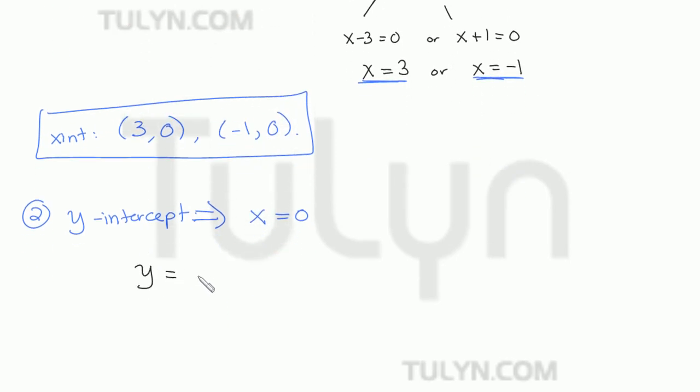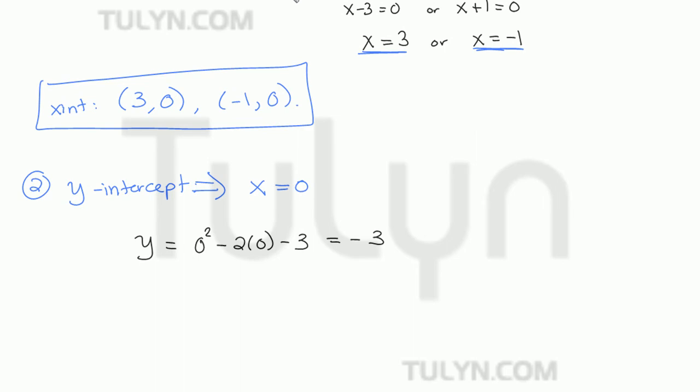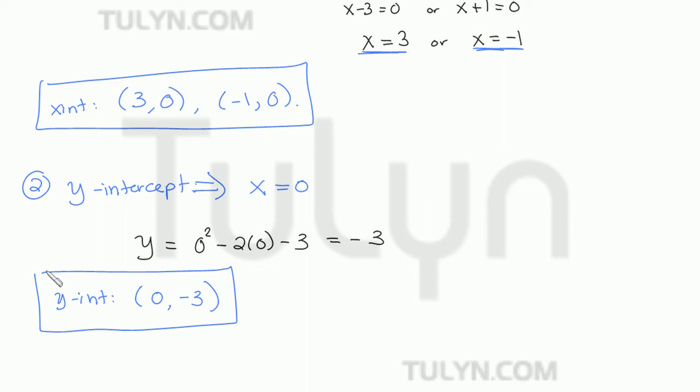So y is equal to 0 squared minus 2 times 0 minus 3, which means that y is equal to negative 3. So writing the y-intercept as the ordered pair x comma y, it's 0 comma negative 3.